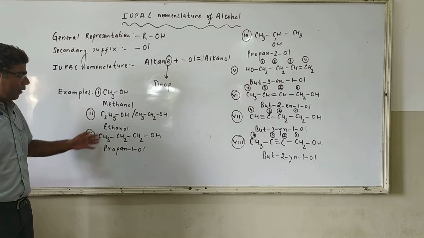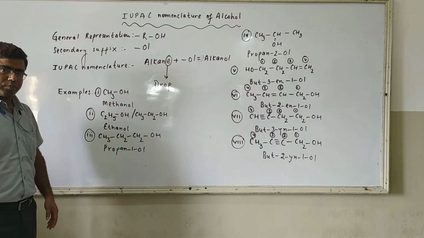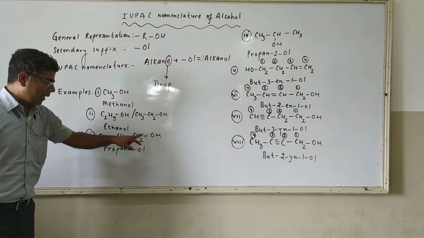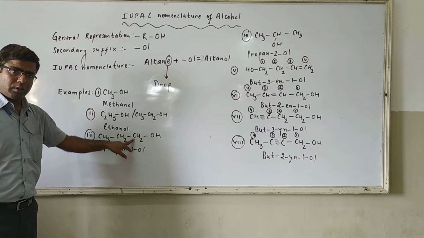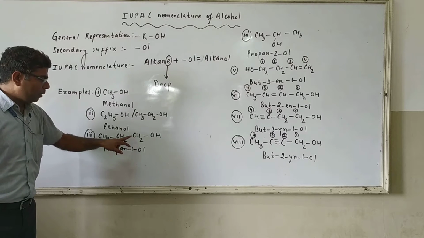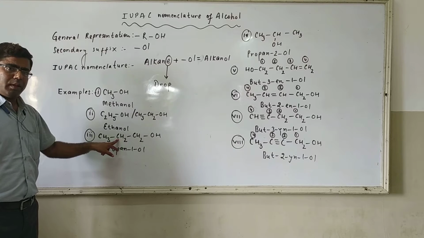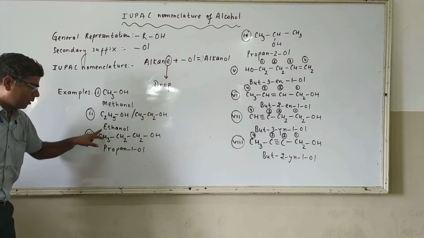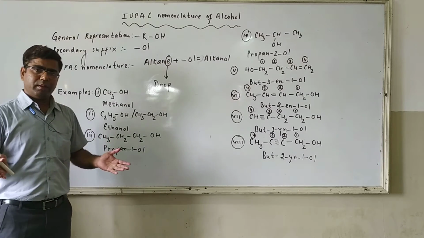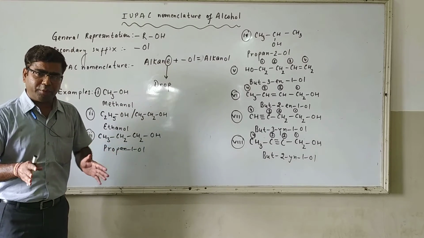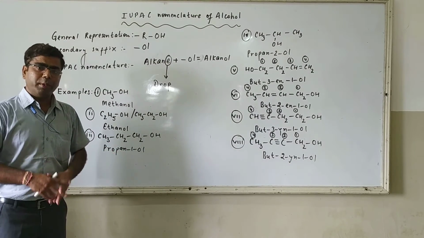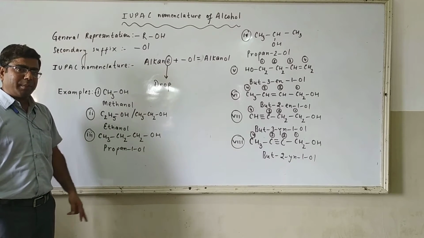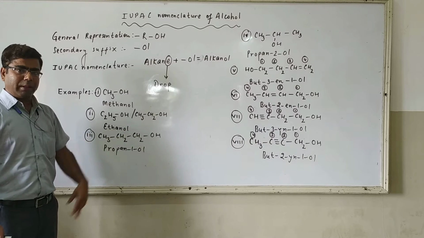But if we have 3 carbon atoms, then this OH group can be placed over here or it can be placed over here. Placing OH on this carbon or placing OH on this carbon is the same. It will not make any difference in the position of the OH group, because if I am placing the OH group on this carbon, then I will start my counting from this end. It will be number 1.